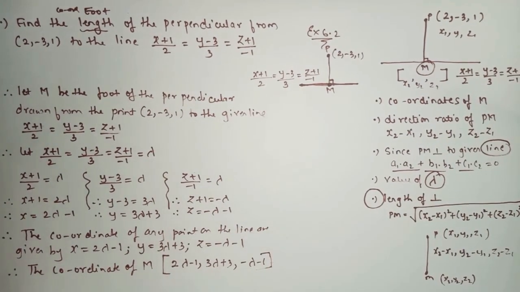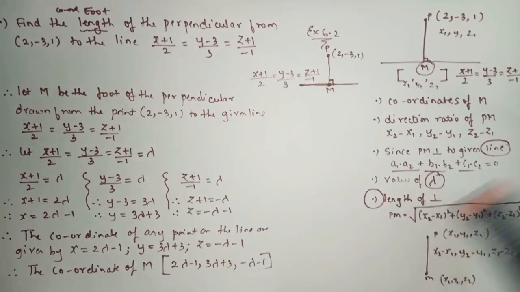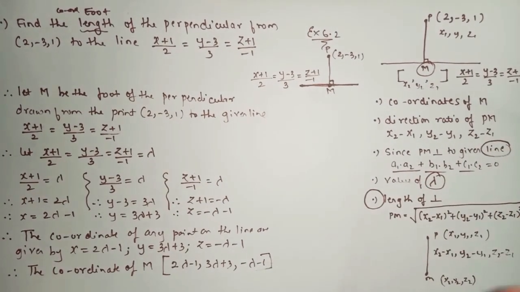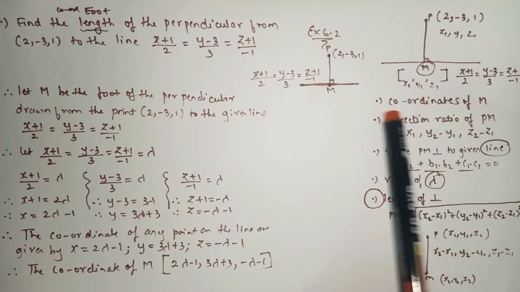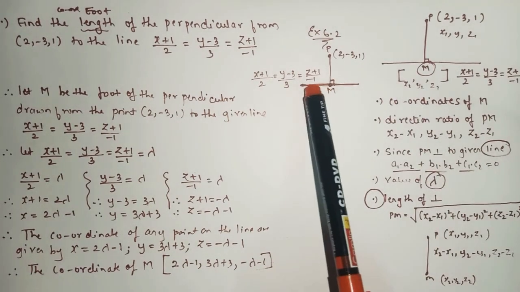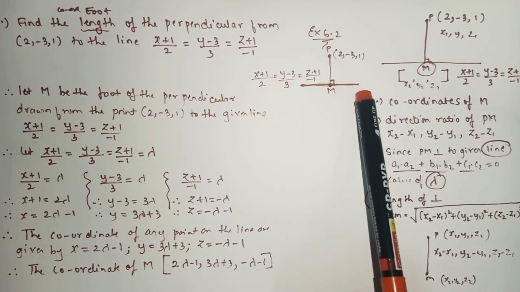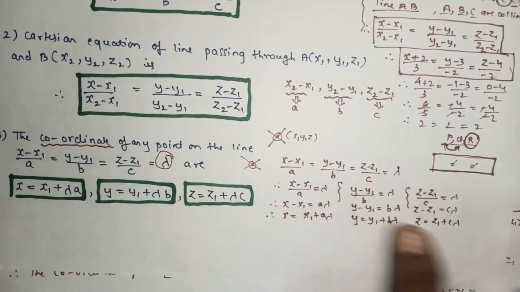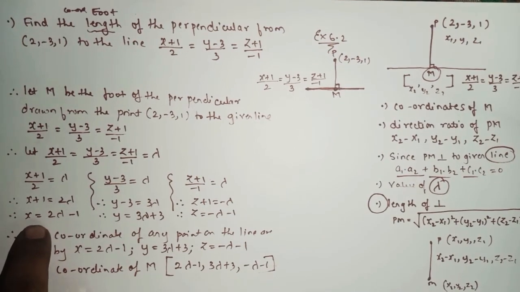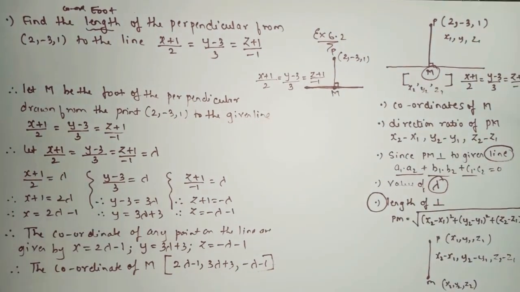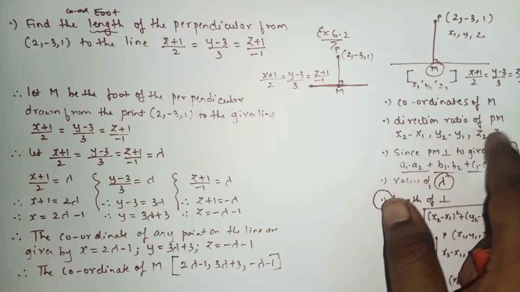So once again I will explain this sum. It is very simple. Just simply you have to follow these steps. So first thing, you will find the coordinate of m. As m lies on the line, so using this concept to find the coordinate of any point on the line, here we got the coordinate of m, yes or no? After that, we have to find the direction ratio of pm.